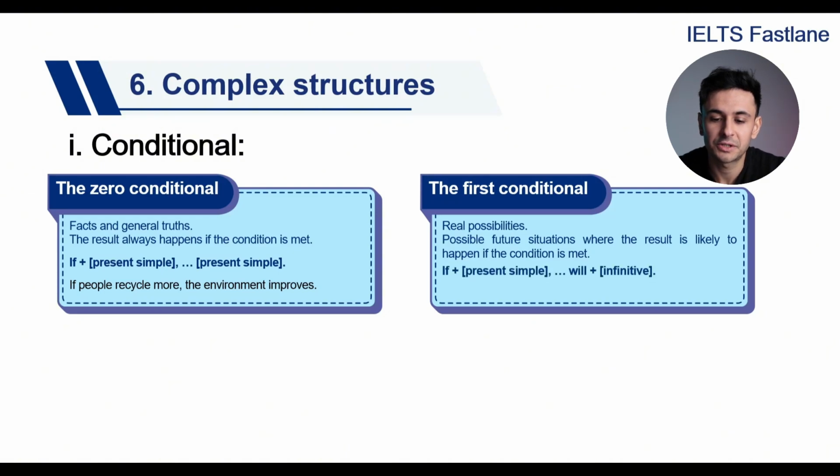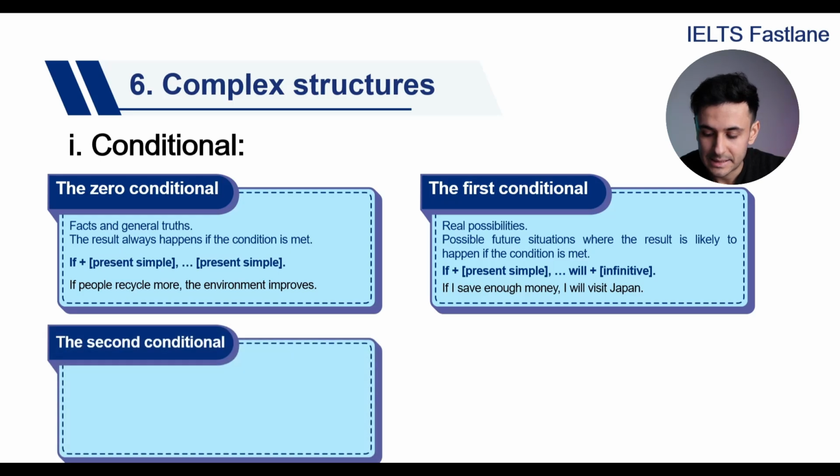In terms of the structure, the condition is structured with if plus the present simple, but for the result, we use the future, or you add will plus the infinitive. So an example here is, if I save enough money, I will visit Japan. It's just simple. If I have money, I will visit Japan, and that's going to be in the future.